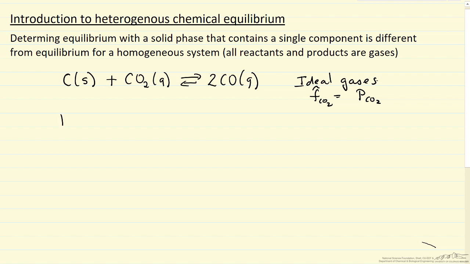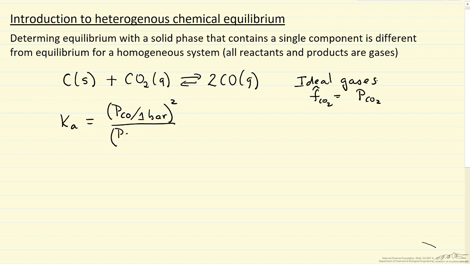So if I were to write down the reaction equilibrium expression, it would be the product. Fugacity is the partial pressure, divided by the pure component fugacity. I'm writing that down just to remind us that we're going to have to write pressures in units of bar for these equations to be correct.